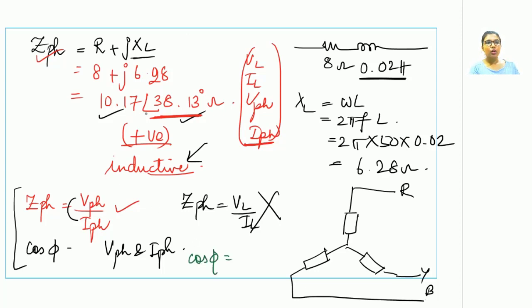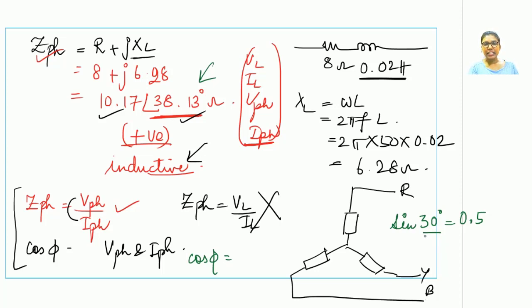Cos phi will be cos of 38.13 degrees. Now once again you have to remember, while solving this, the angle is always in degrees. So while using the scientific calculator, always do a checking of sine 30 degrees. If the calci shows the answer of 0.5, it means your scientific calculator is taking the value of the angles in degrees.